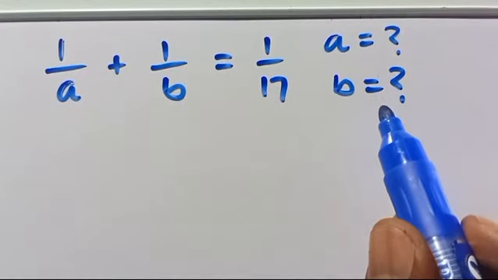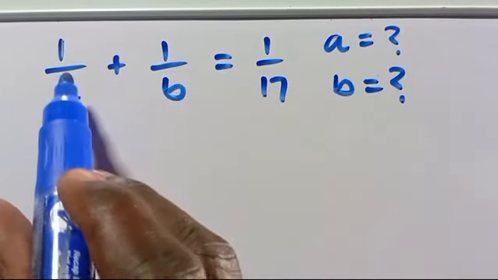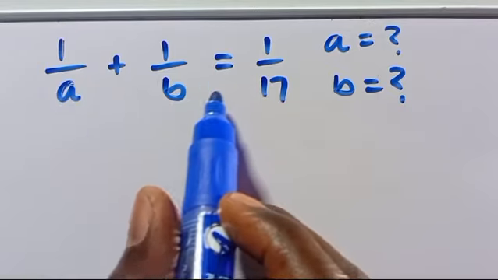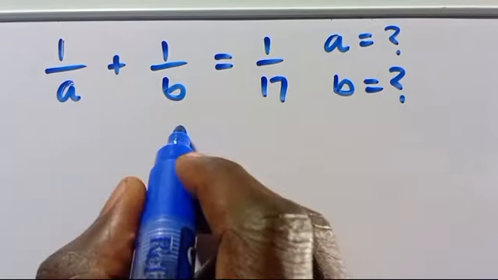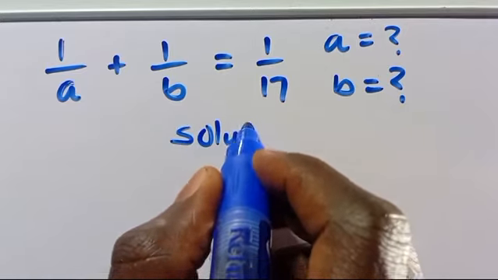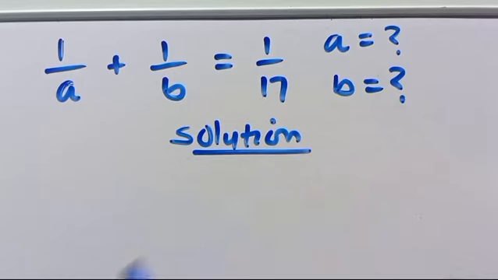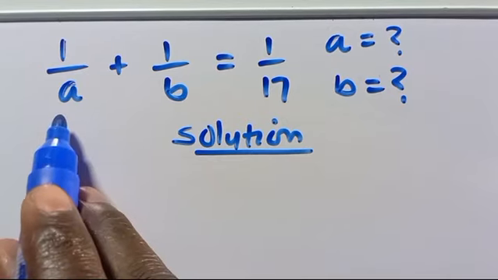What is the value of a and b, given that 1 over a plus 1 over b equals 1 over 17? Let's have it to be solution. From here, let us multiply through by ab, since our LCM is ab.